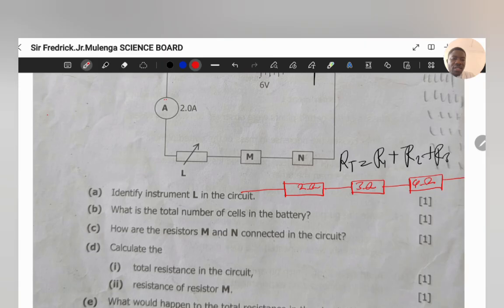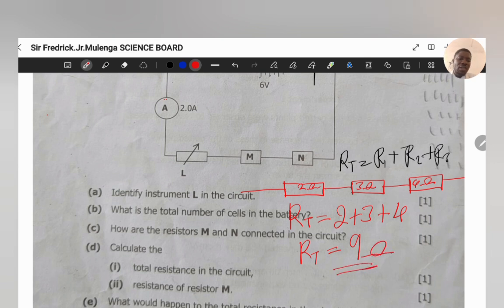So our total resistance in the circuit is going to be calculated as total resistance is equal to 2 plus 3 plus 4. So when you add that, it's going to give you what? That gives us 5. It's going to give you 9 ohms. So that's your total resistance in the circuit.